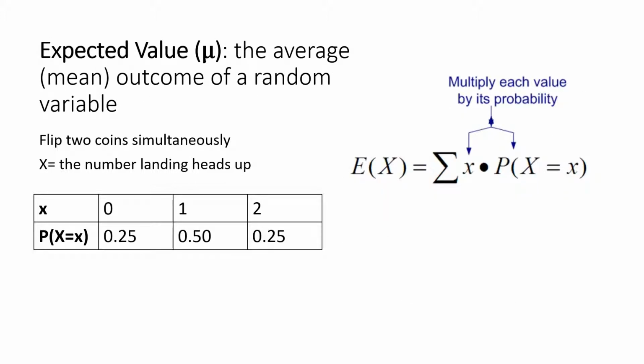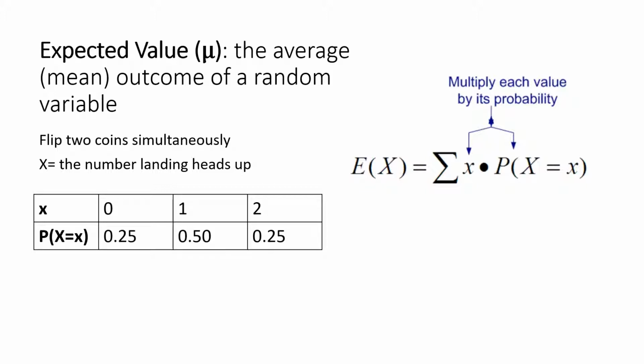The expected value of a random variable, which we use the notation mu to denote, is the average or mean outcome of that random variable. To find the expected value, we take each of the possible values, little x, and multiply it by its associated probability, and then we add up all of those products.